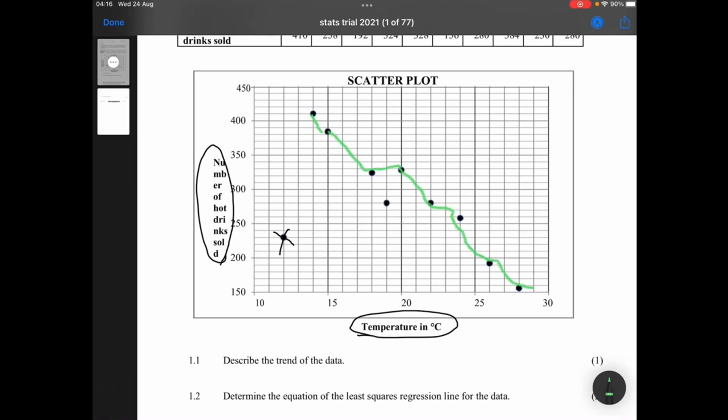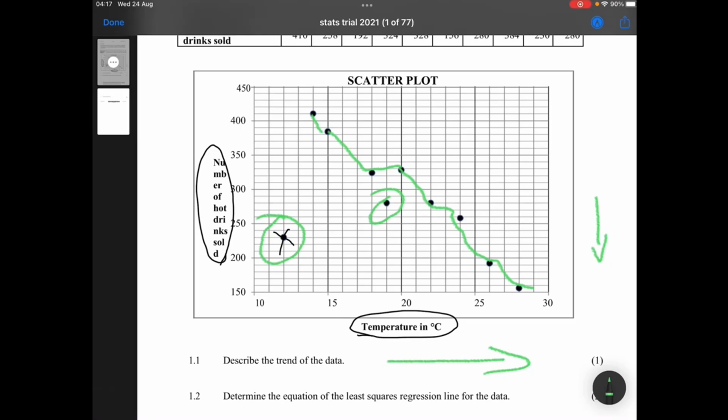We have something like that, right? So it's easy to see now that when the temperature increases, the number of hot drinks sold is going down, apart from this point, which is a bit deviating, and this one, which is totally an outlier. But the general trend, when the temperature is increasing, the number of hot drinks sold is decreasing, which makes perfect sense.